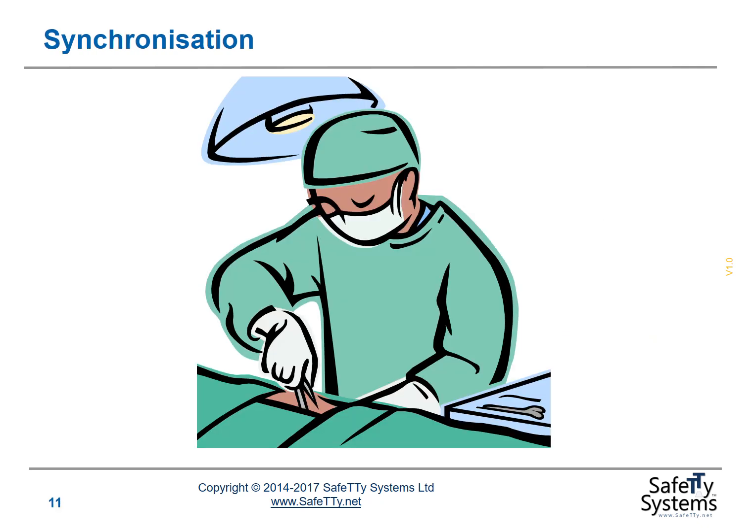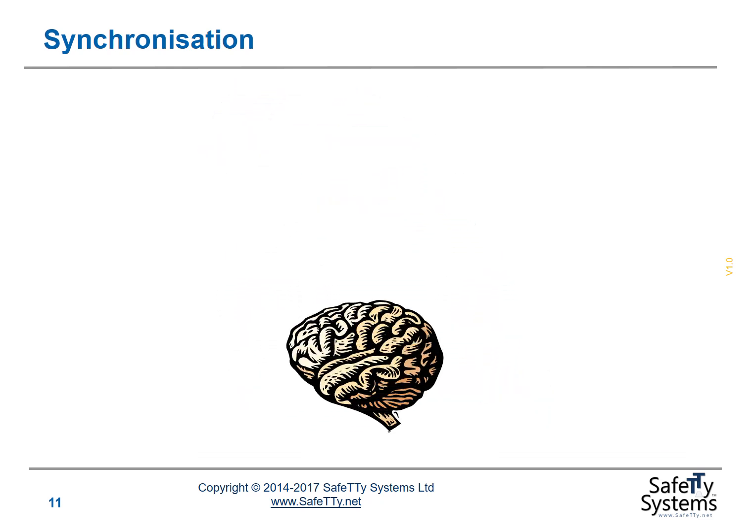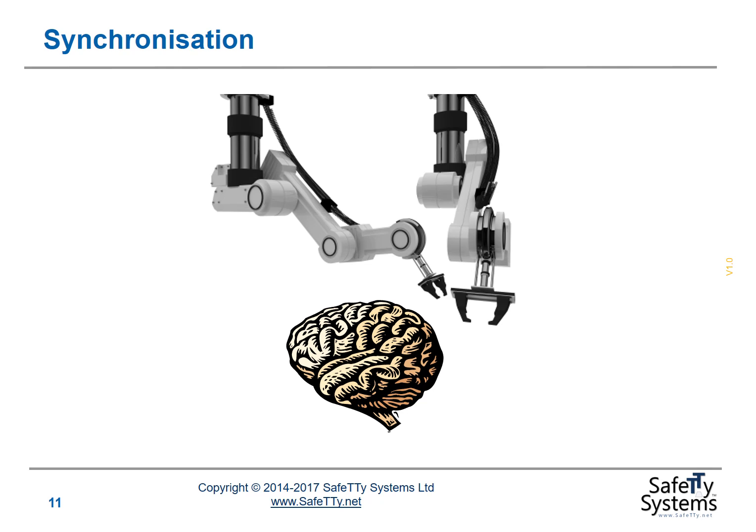Synchronization matters. Suppose that we're going to assist this surgeon by creating a robotic system to support surgery. And we're going to use this robotic system to perform brain surgery.